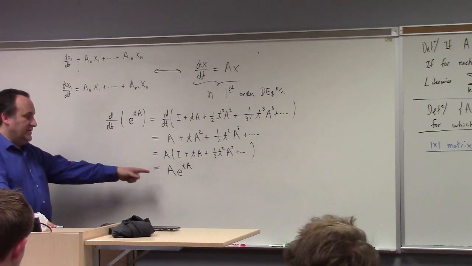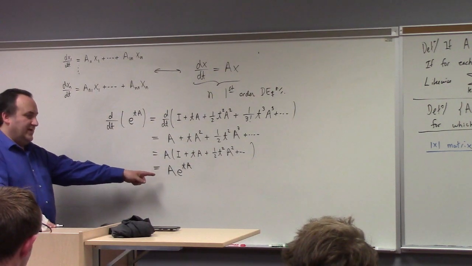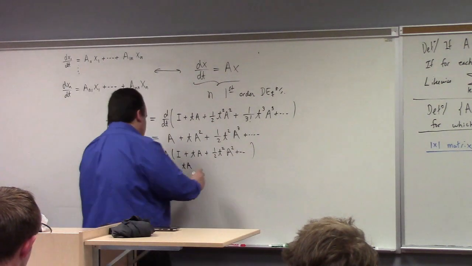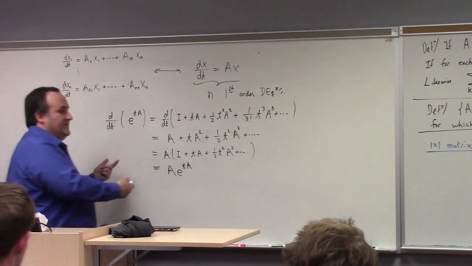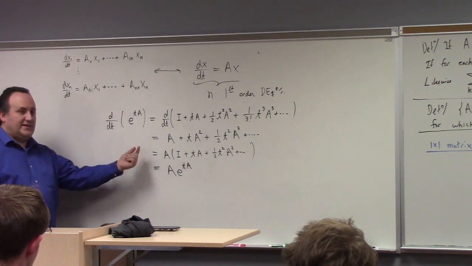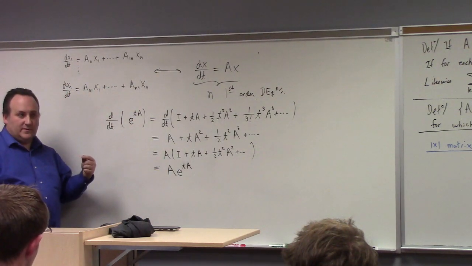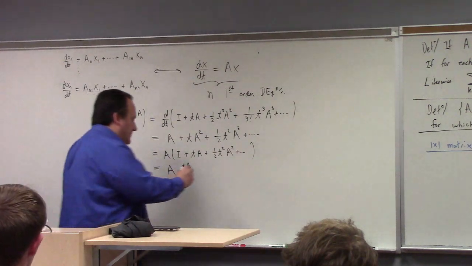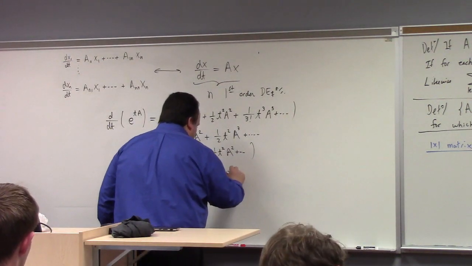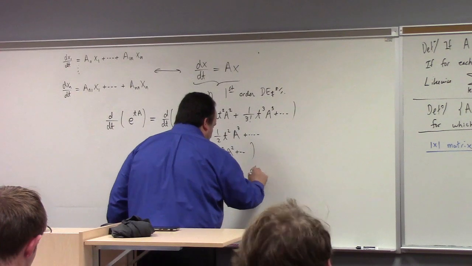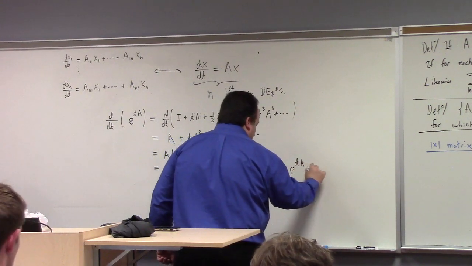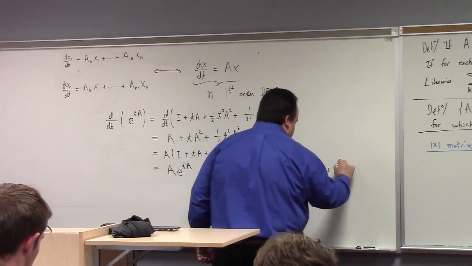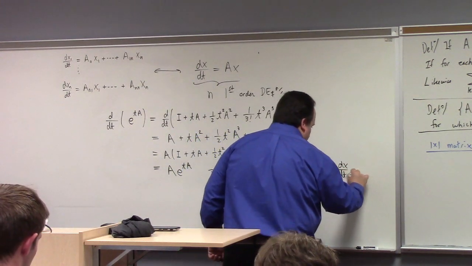If you were to talk about the columns of the matrix exponential, every column of the matrix exponential, when differentiated, gives you back a times the column. So what this means is that each column in e to the ta solves dx dt equals ax.